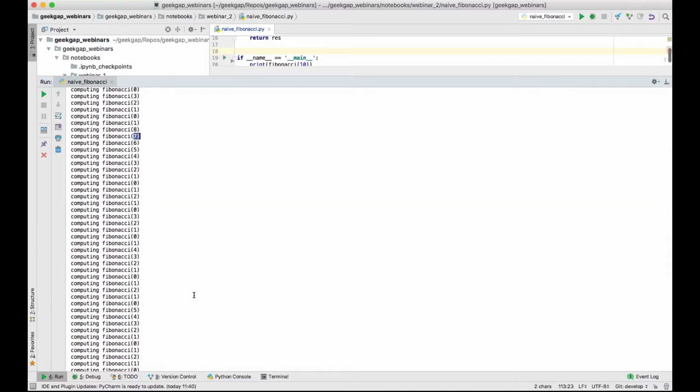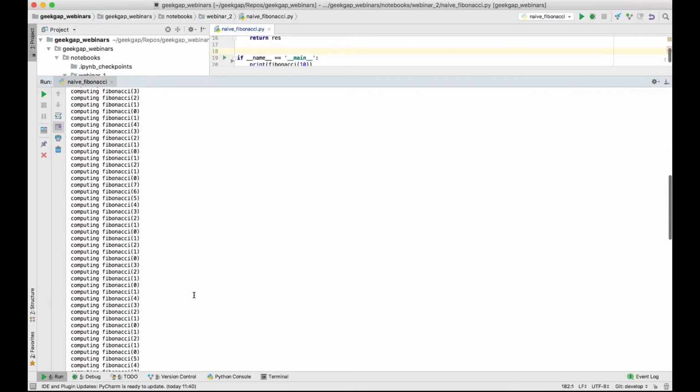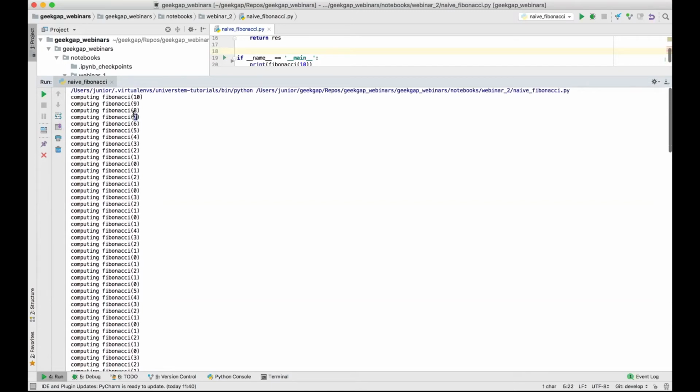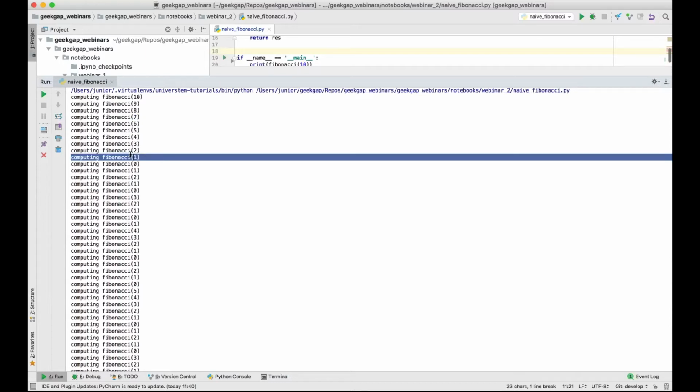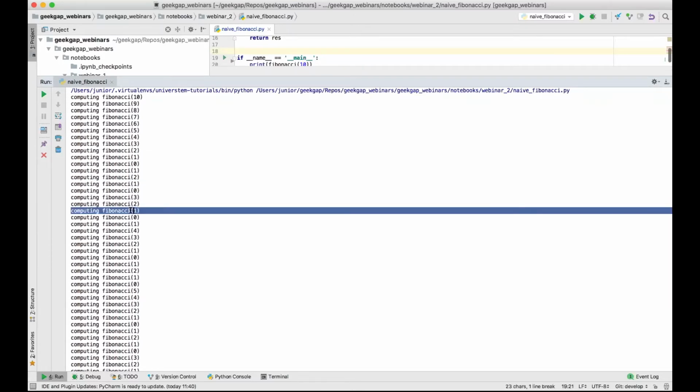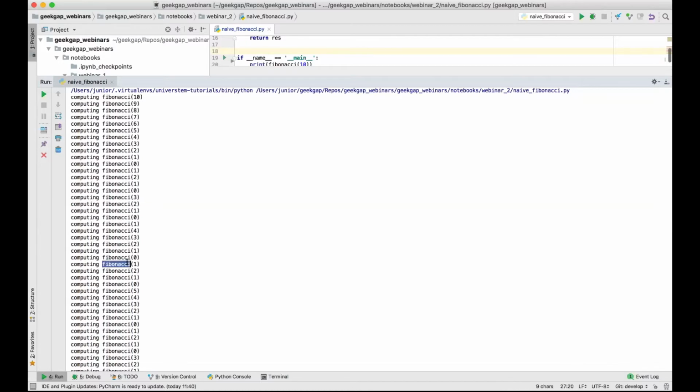We get it here, and we also try to get it somewhere above and so on. So at the very least, we are computing the same thing twice. For some others, we are computing them many times. Fibonacci of 1, we compute it here, we do it here again and again. So there's definitely something happening here, which makes this very inefficient.